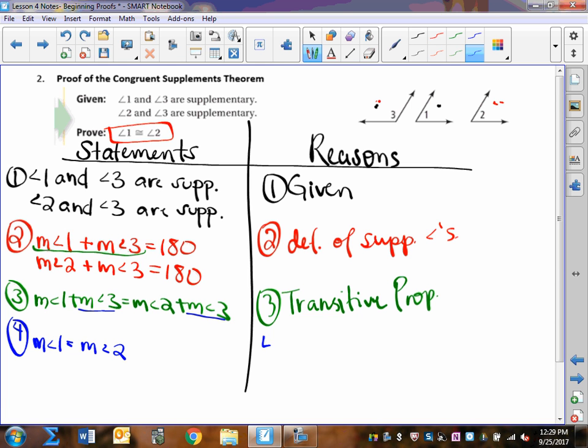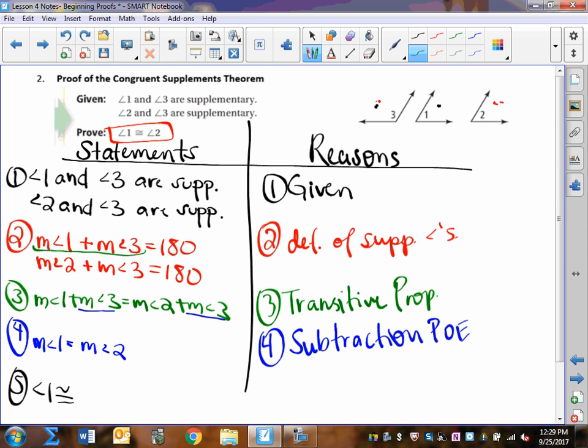And that was subtraction property of equality. Alright, and then finally, can I make my statement? Yeah. And what was my reason for that? Good. Definition of congruent angles, not segments, because we're dealing with angles.